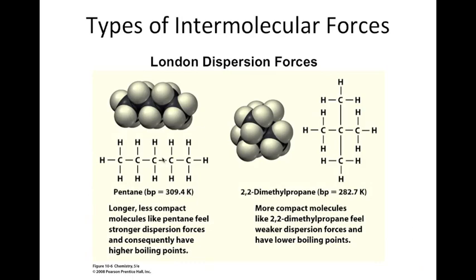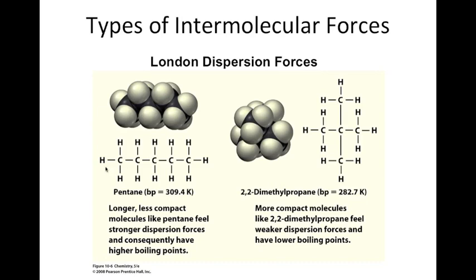Here you can see we talked about the shape of the molecule. Here you can see pentane versus 2,2-dimethylpropane. These molecules are about the same size, and you can see that by looking at the number of carbons and hydrogens. They have the same number of carbons and hydrogens, but pentane has a higher boiling point than 2,2-dimethylpropane.